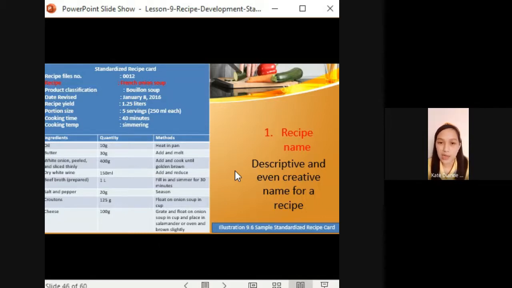For example, naka-discover kayo ng sarili nyong recipe, gagawin natin siyang creative as well as connected din naman with the product or the recipe. Hindi yung sobrang layo ng recipe name natin.